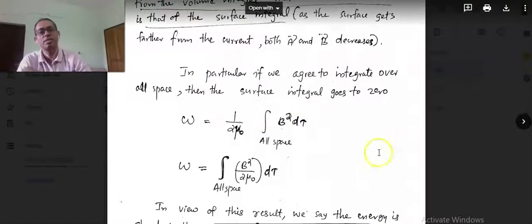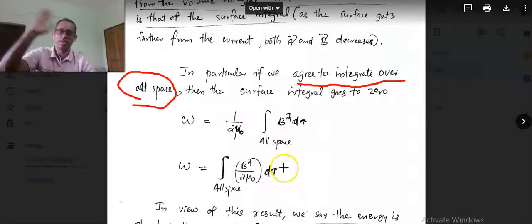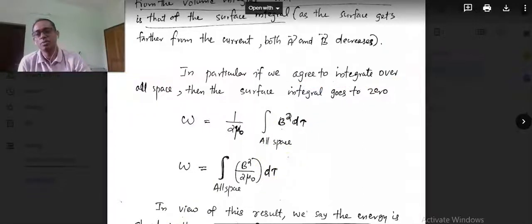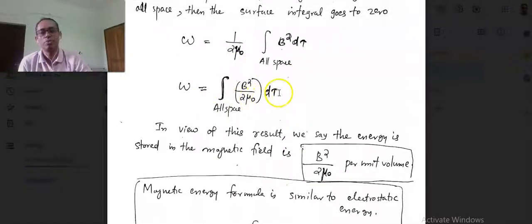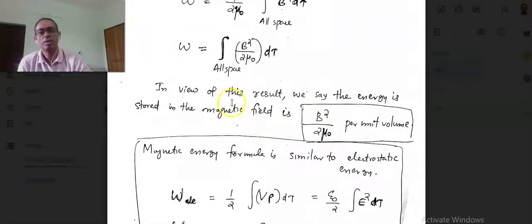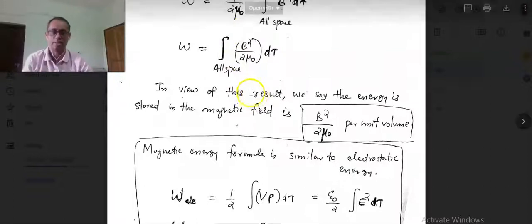So that is written here. If we agree to integrate over all space, then the surface integral goes to 0 and we will have the volume integral. Integration is over all space. So W equal to integral over all space of B square by 2 mu 0 d tau. Using this result we can say, here d tau is volume, and we are integrating over the entire volume.